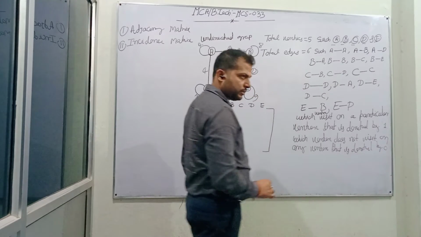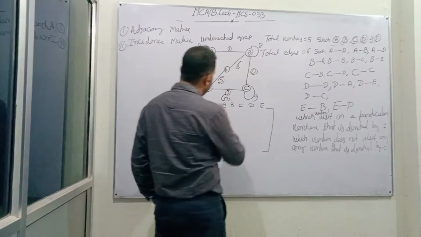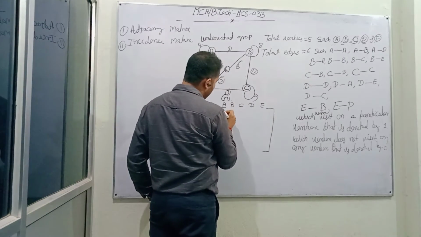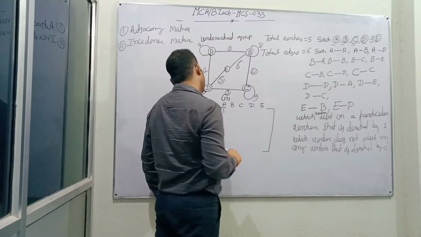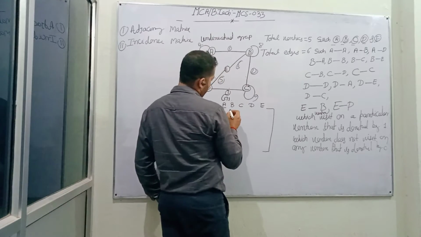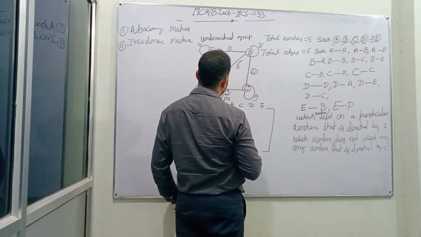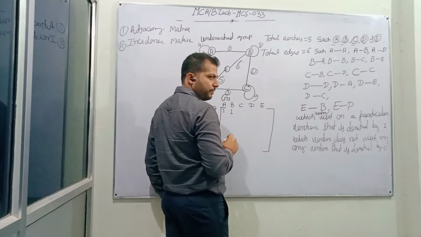Okay class? And here A to A, it went from A to A through the loop, so here we will write 1. A to B it went, yes, so we will write 1. A to C, yes? It is an A. Yes, no.